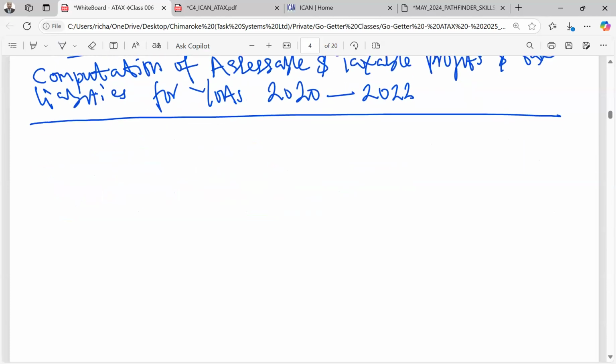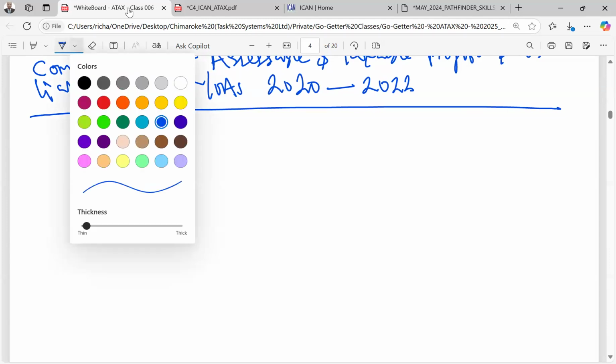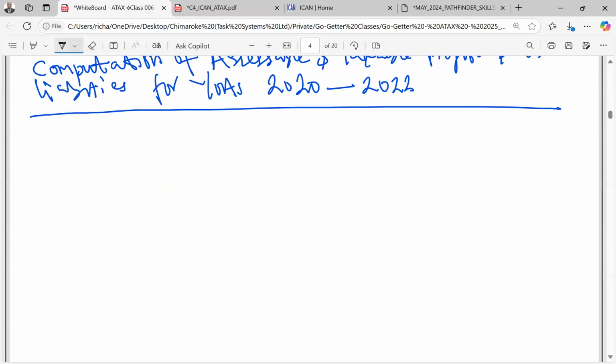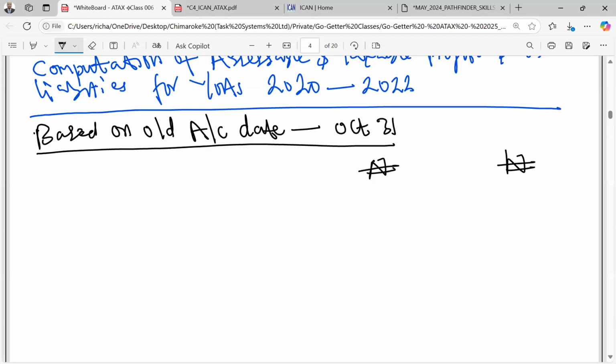So since these are the relevant ones, we will now say based on old accounting dates, which is October 31. Okay, so this is going to be our Naira sign. You have two Naira signs.